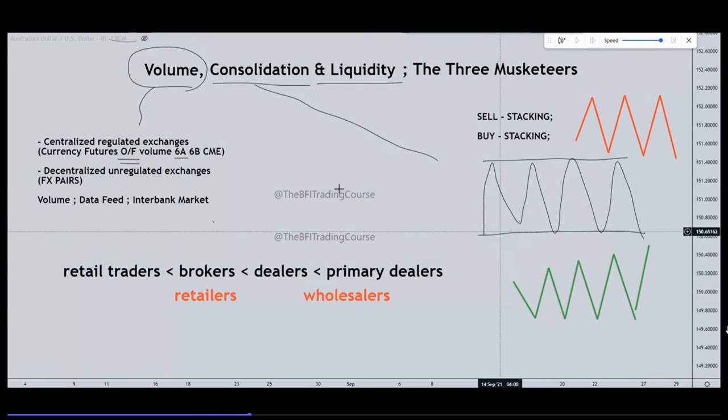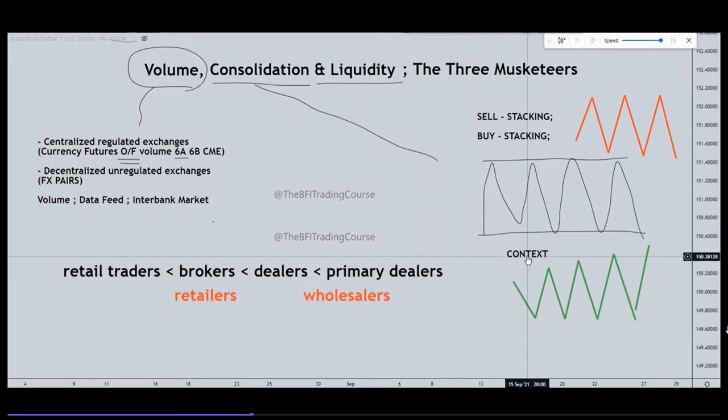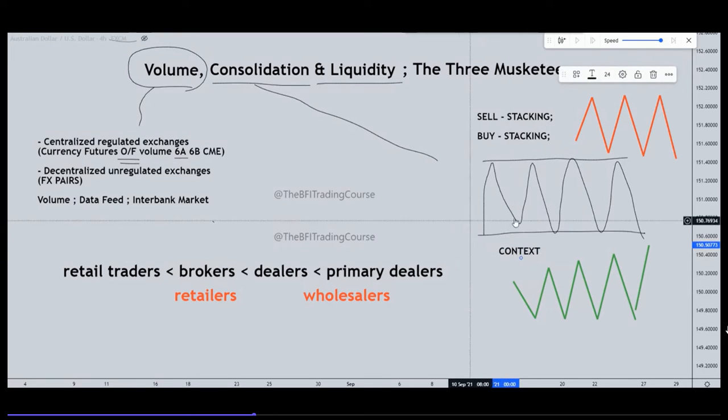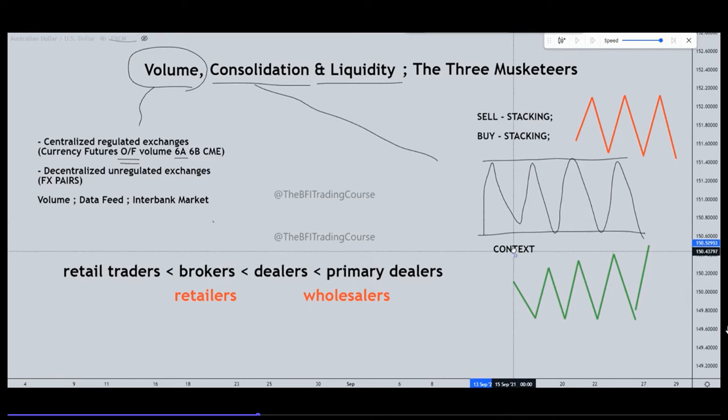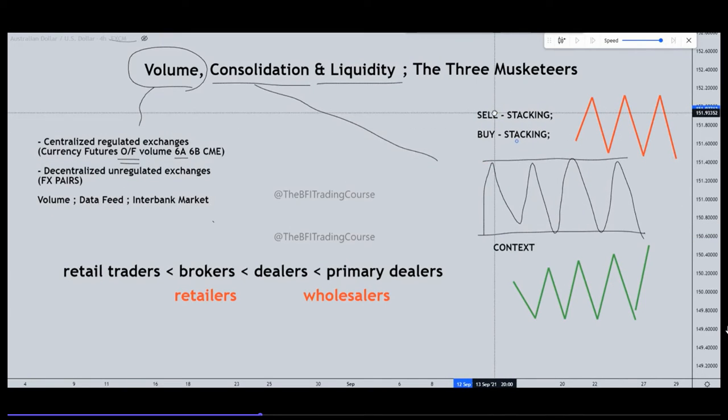Now, context here is the key to trying to understand what kind of orders are being stacked. Are we in a sell zone? Key word for that is always look left. What candles are shown left? Where are we? Where are we coming from? Where are we likely going in terms of the price action? And that may give you some context, but we need all the context we can get in order to determine buy stacking or sell stacking.